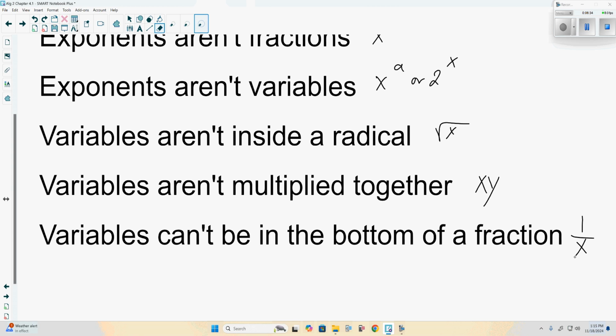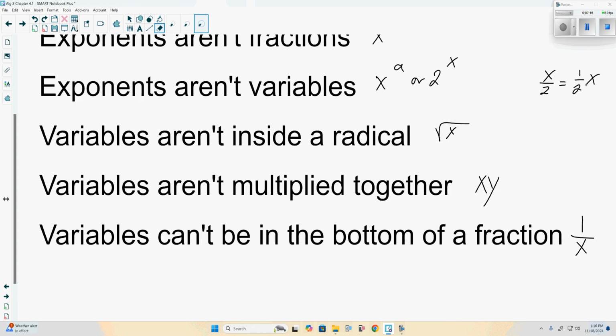A radical. Yes, sir. Yeah, because it can be at the top, because x over 2 is the same as 1/2 x.